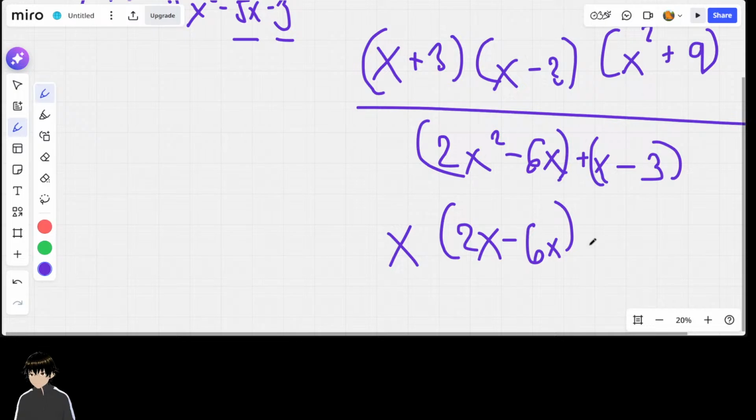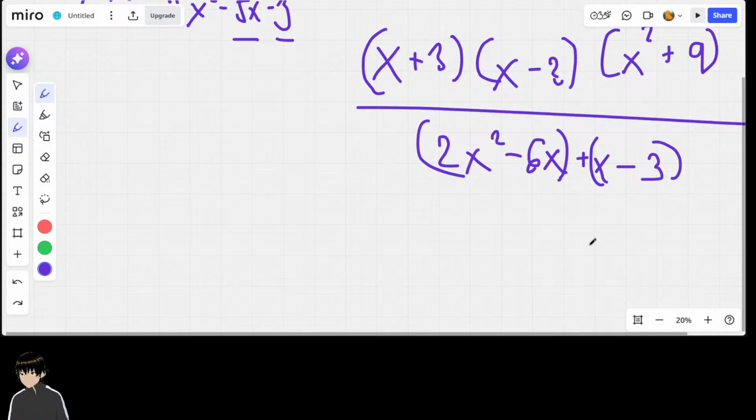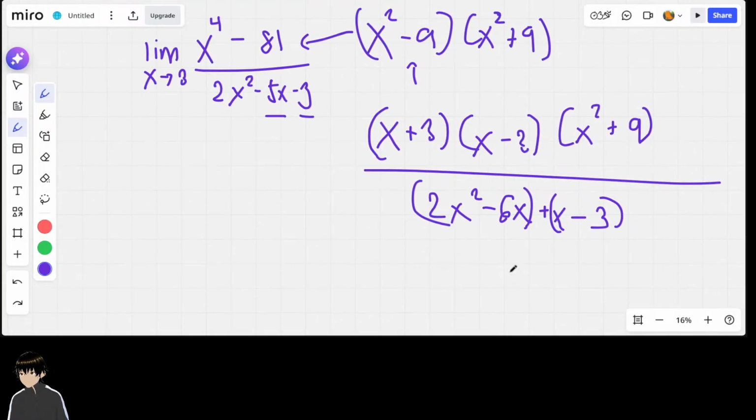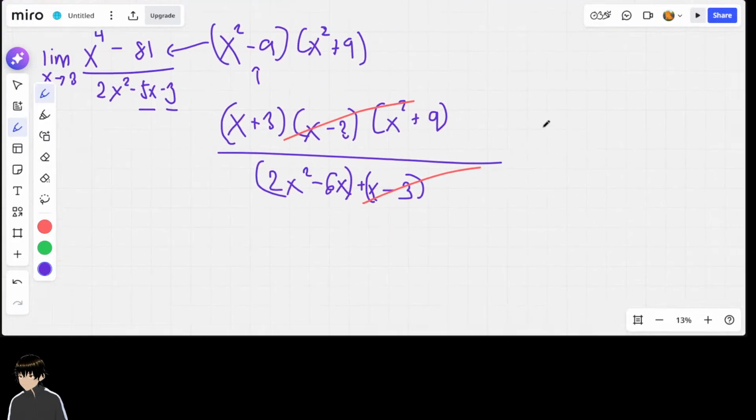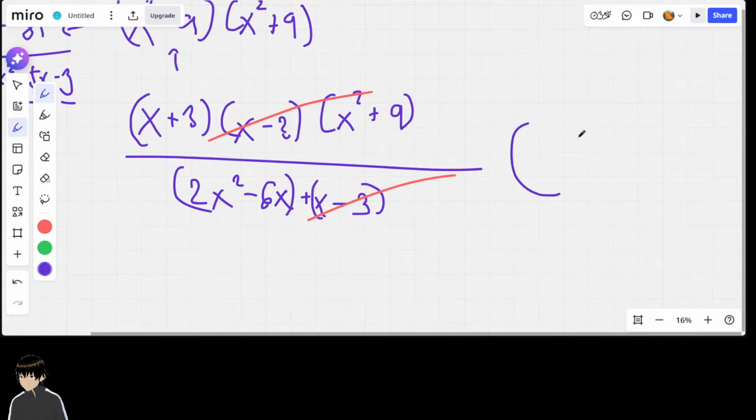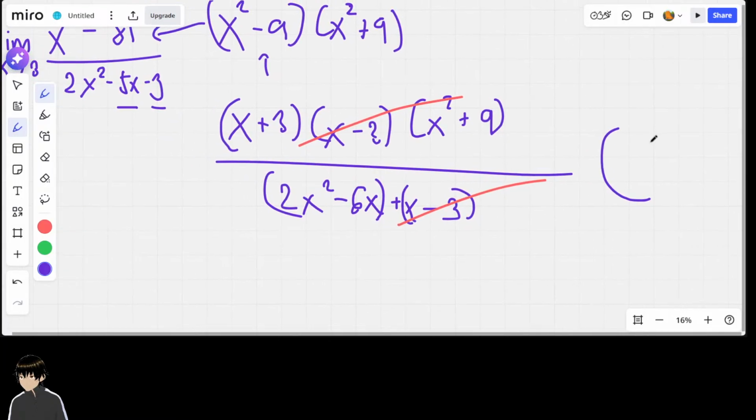Wait, but then that's going to be 6x squared, so that's not possible. I think this is alright already. Let me see if I can derive the stuff from here. How do you do this?